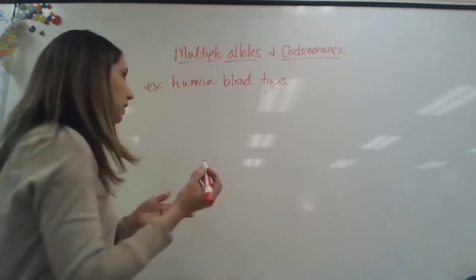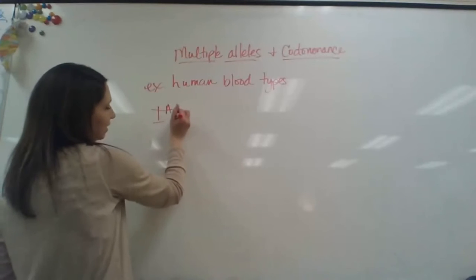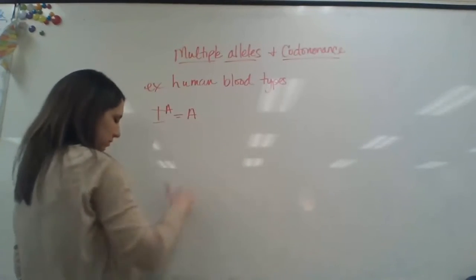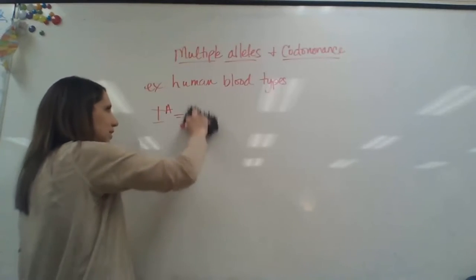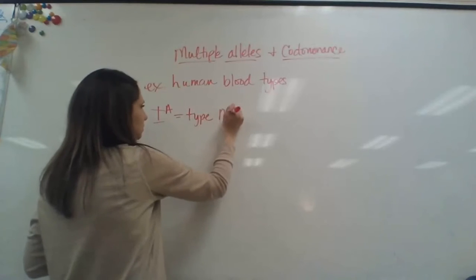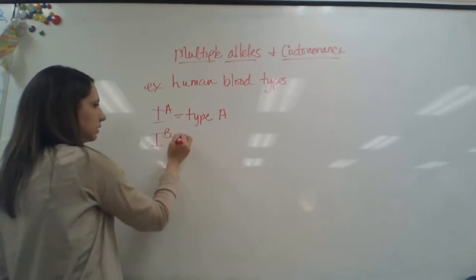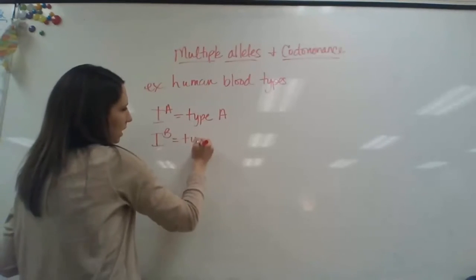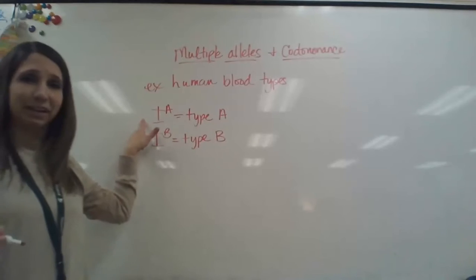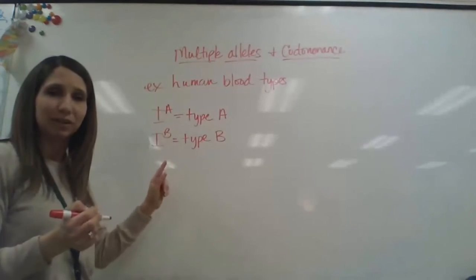that create different phenotypes. So the first allele is the A allele, and this is going to create type A blood. The second allele is the B allele, and this is going to create type B blood. Now, I did put a capital I up here, and I put the A and the B as a superscript.